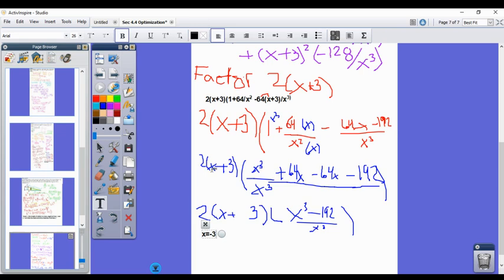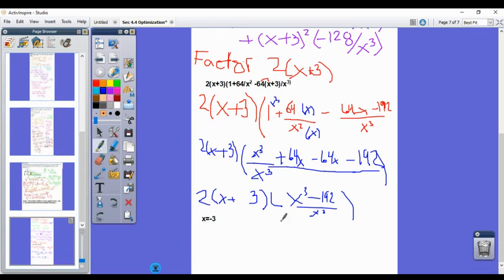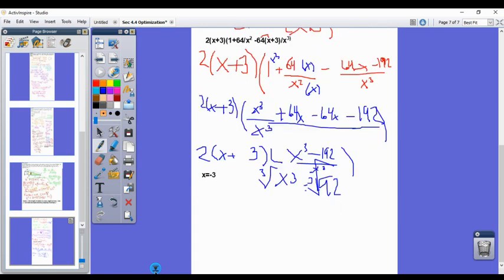No. For the right portion, I have x cubed equals 192, and then I take the cube root, which simplifies down to x equals 4 cube root 3.